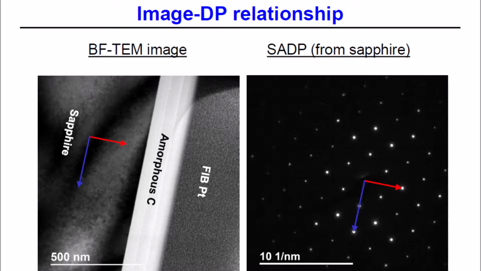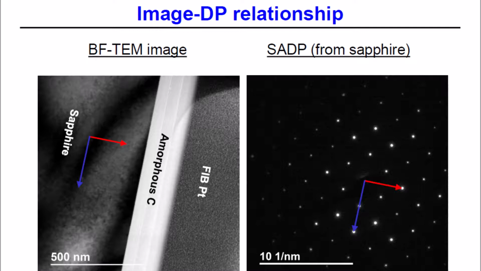Your actual sample has a real lattice, and so we want to know how a direction in the diffraction pattern corresponds to a direction in the actual image.